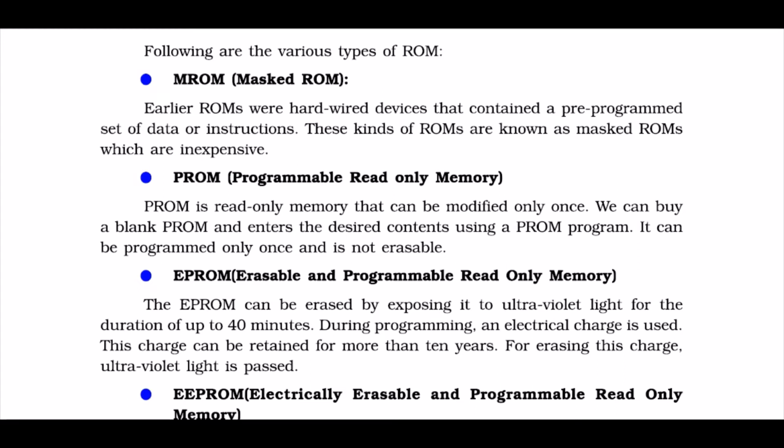During programming, an electrical charge is used. This charge can be retained for more than 10 years. Look at the time duration. For 10 years you cannot change it. But for erasing the charge, ultraviolet light can be passed or exposed to it.